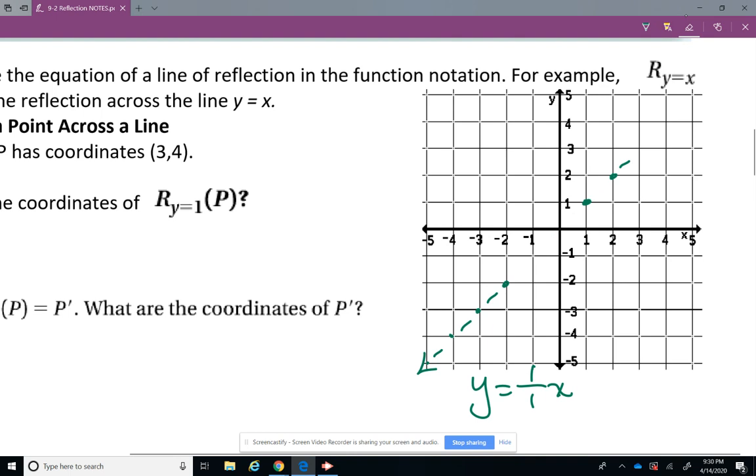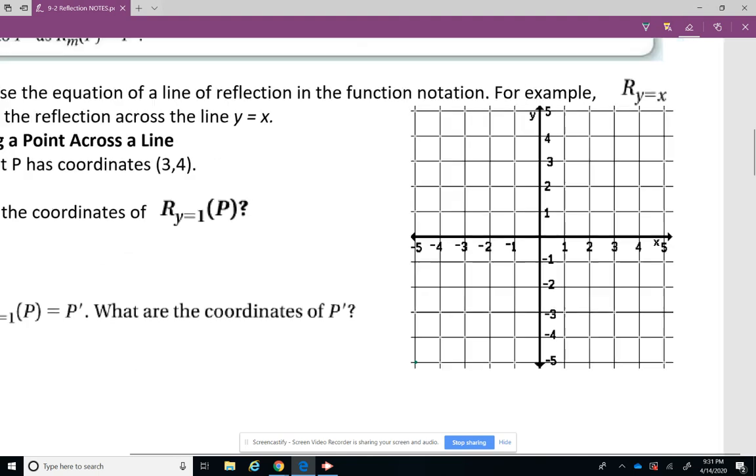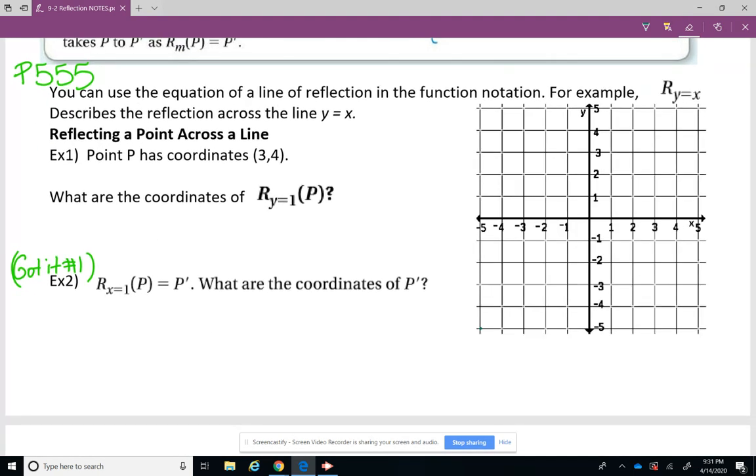All right, let me erase all this because that's not what we're going to do for this next problem. I just wanted to make sure you knew how to create that line in case you do reflect over it. All right, so reflecting over y equals x actually describes the reflection across the line that it's going to be reflected over.